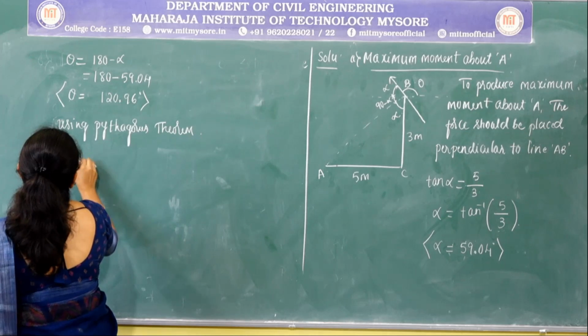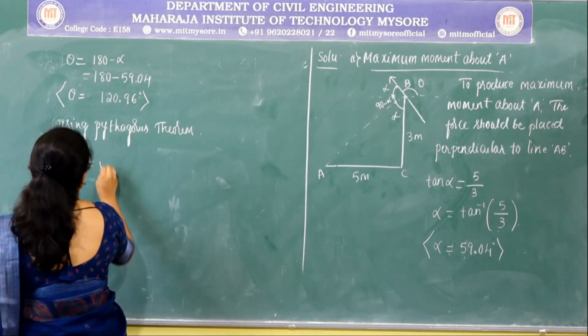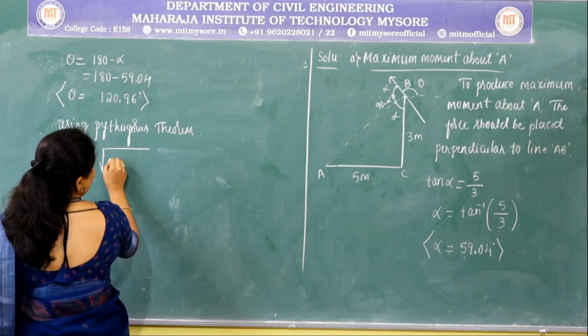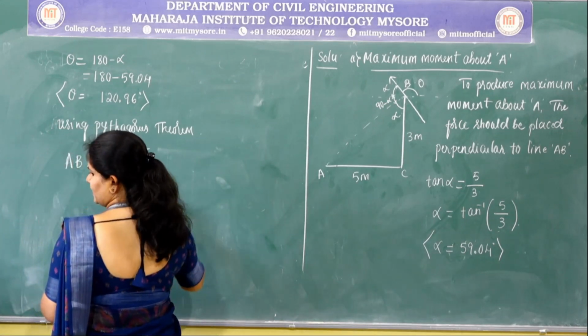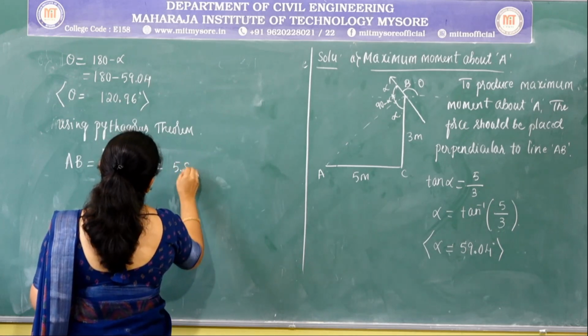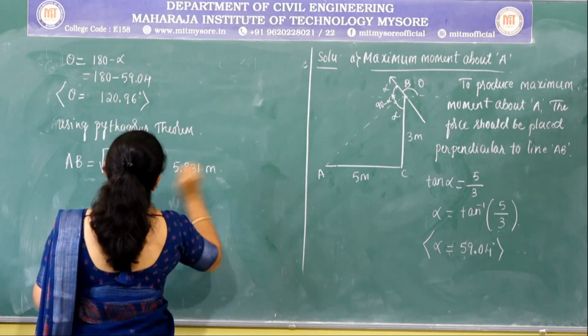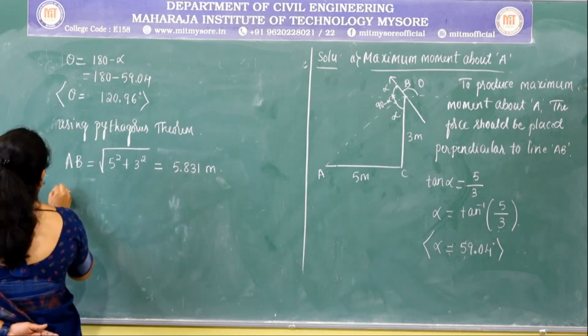So side AB, which is the hypotenuse, is equal to the square root of 5 squared plus 3 squared. So this will be equal to 5.831 meters.